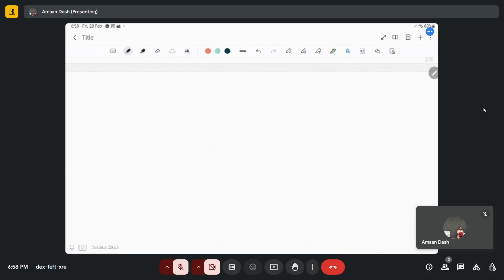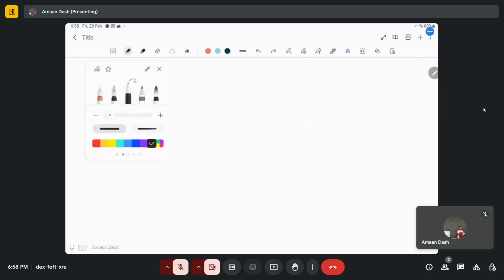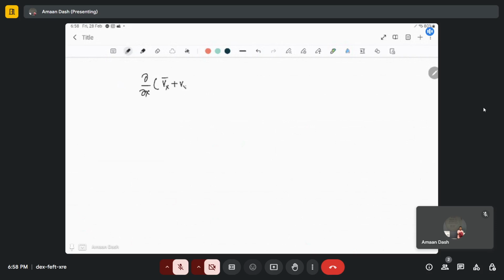So we can write, let's say, dou by dou x of, instead of Vx, we can write Vx bar plus Vx prime, and this is equal to 0.